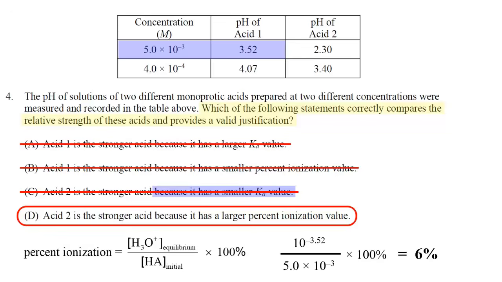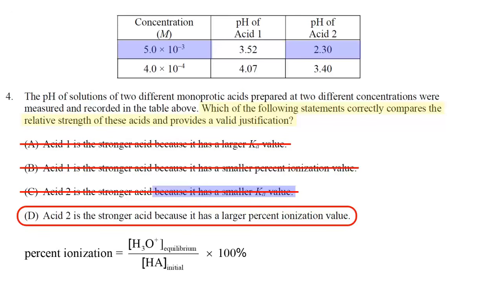Now let's repeat that calculation for acid 2. So it's going to be 10 to the minus pH, or 10 to the minus 2.30, that's the concentration of the hydronium ion, divided by the initial concentration of the acid, which is 5.0 times 10 to the negative 3, and then times 100.